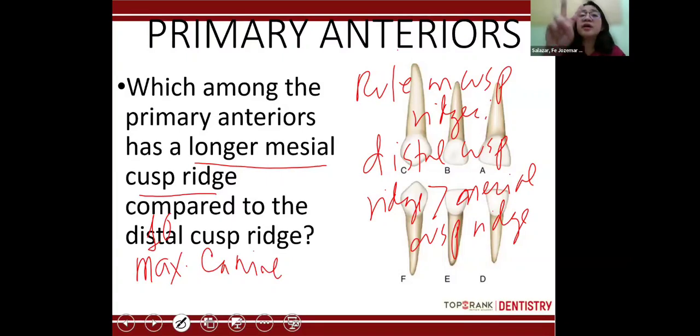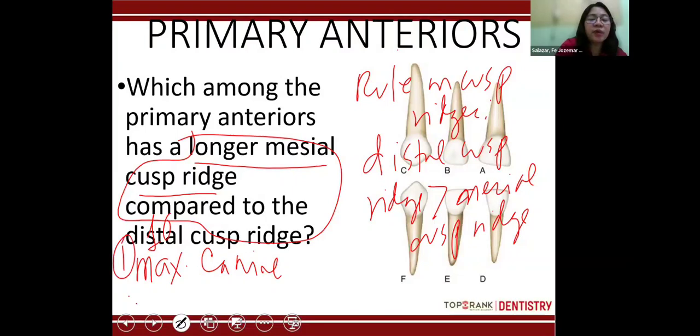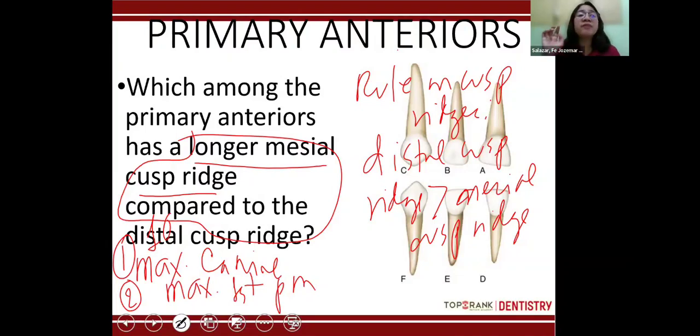There are only two teeth with a longer mesial cusp bridge compared to the distal. You have the primary maxillary canine, and one on the permanent, the maxillary first premolar. Yes, very good.